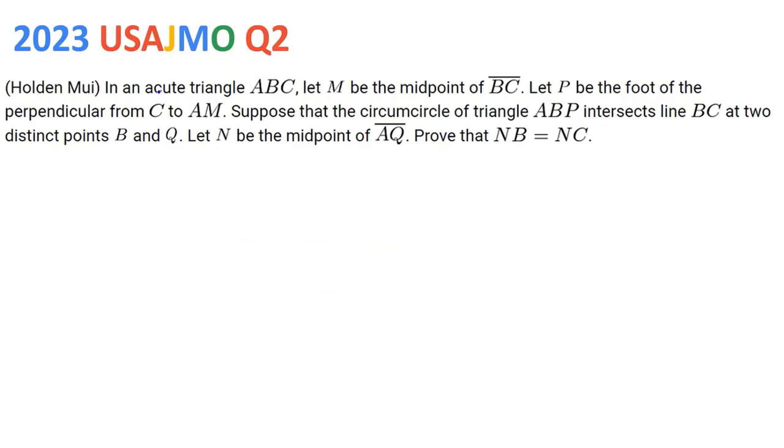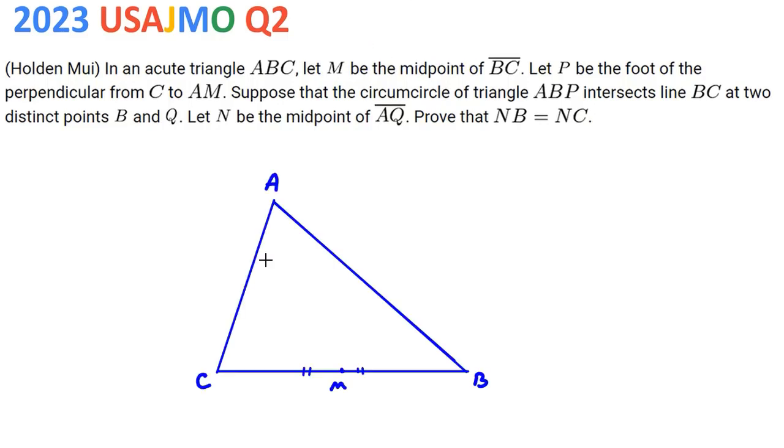Problem number 2 of 2023 USAJMO, proposed by Holden, a geometry problem. Okay, let's read it. In an acute triangle ABC, let M be the midpoint of BC. Let's draw. Okay, in this acute triangle ABC, M is the midpoint of BC.